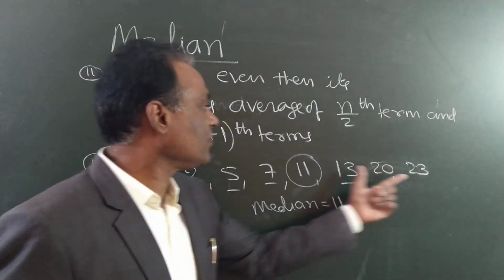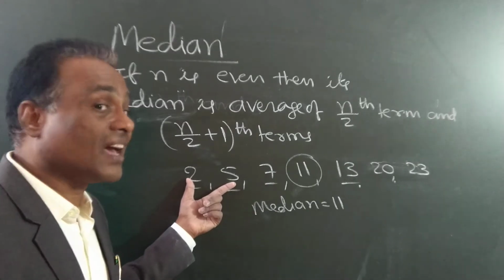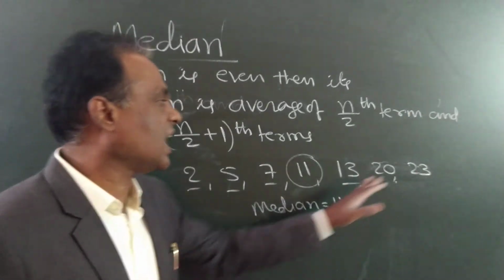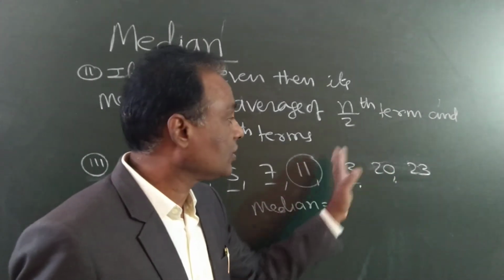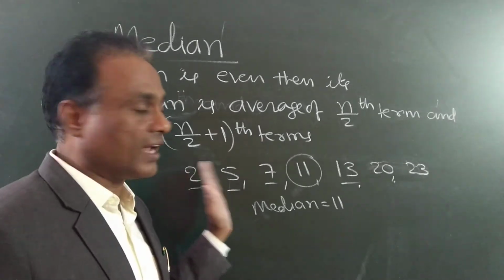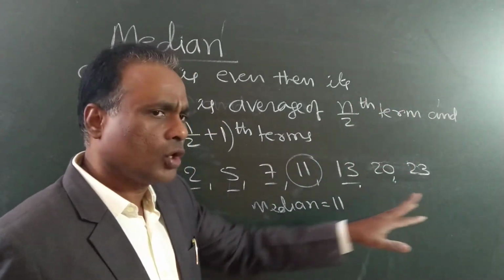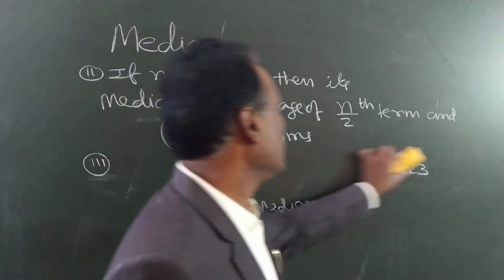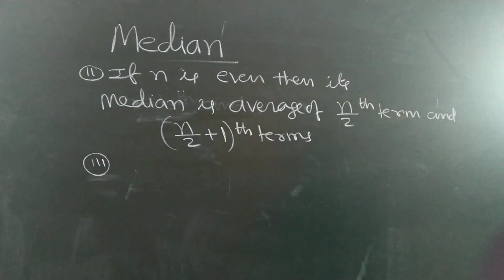That means if extreme values are increased or decreased, there is no change in the median. Median will be the same. Extreme values means beginning or ending values. If they are increased or decreased, there is no effect on the median. Write down that statement.